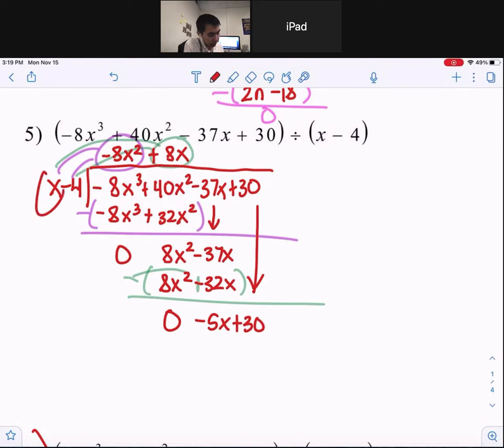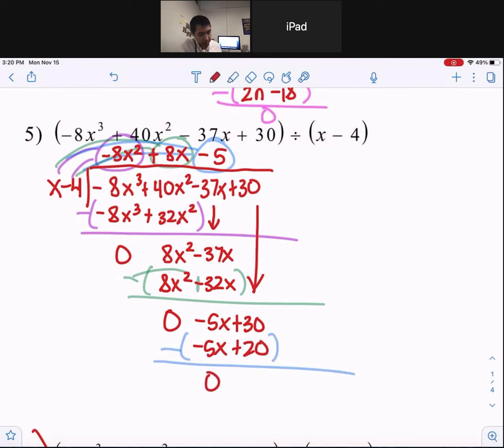So lastly, what times x will give you guys negative 5x? That is negative 5. And then distribute this negative 5 to both of those. So we got negative 5 times x is negative 5x. Negative 5 times 4 is positive 20. And we're going to subtract this.